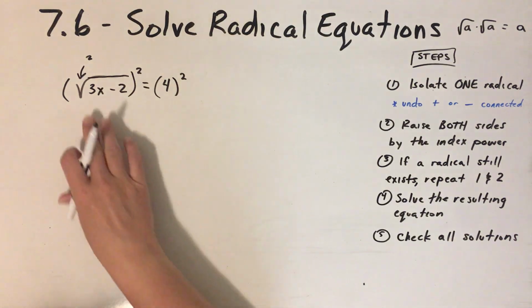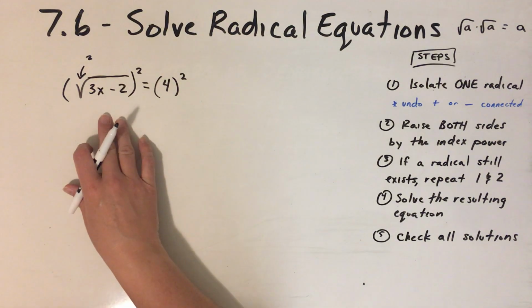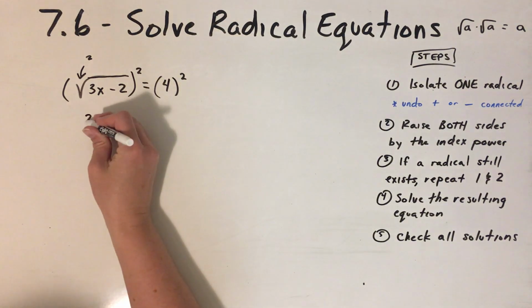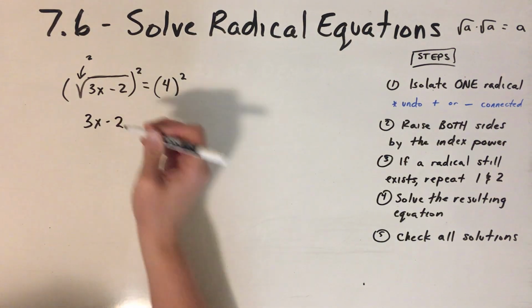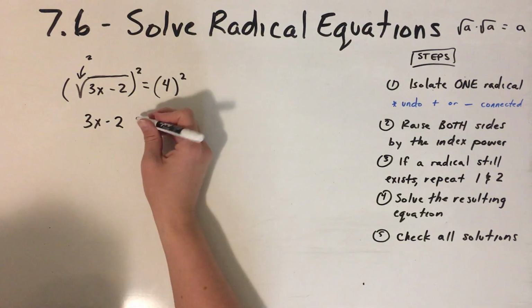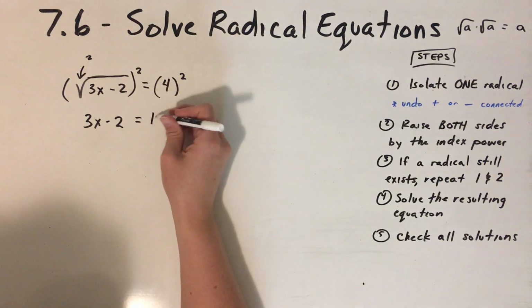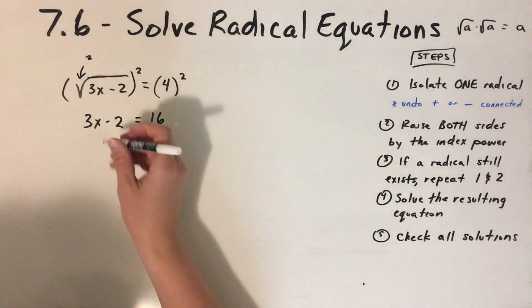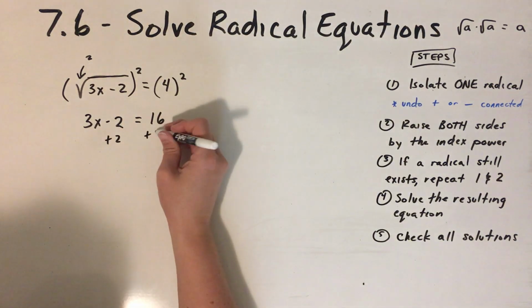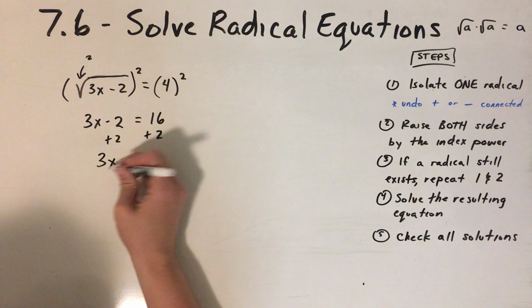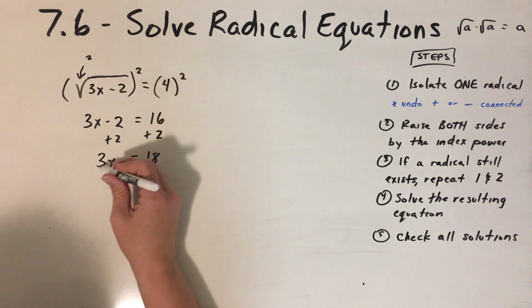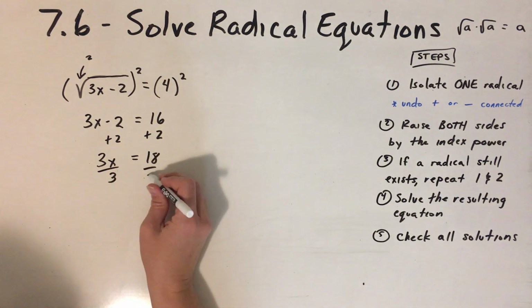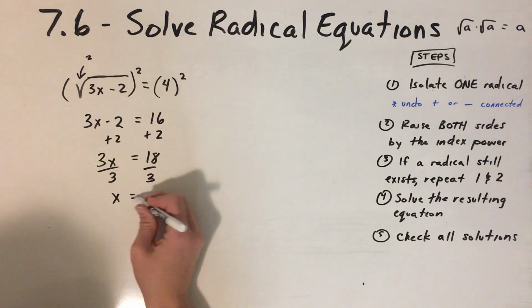If I had the square root of 3x minus 2, and I multiply that by the square root of 3x minus 2, all I have left is this radicand. So I'll get the radicand, and then 4 squared is going to be 16, and now this looks just like a regular equation that we would continue to solve. We get that 3x is equal to 18, divide both sides by 3, and x is going to be equal to 6.